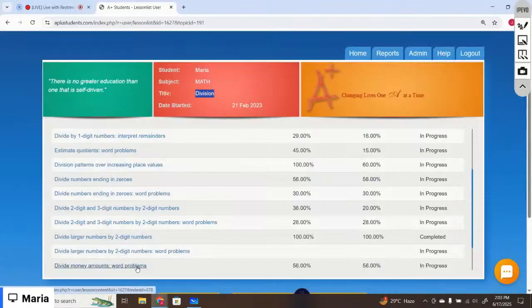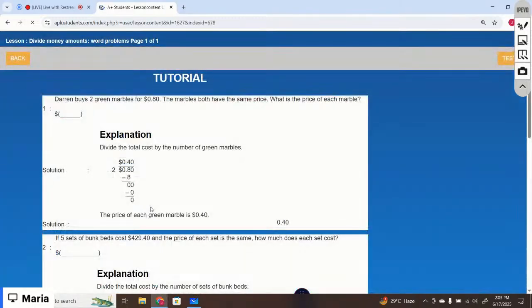So we are now in grade 5. The chapter we are on right now is division. So let's just start with the lesson that is divide two-digit and three-digit numbers by two-digit numbers.